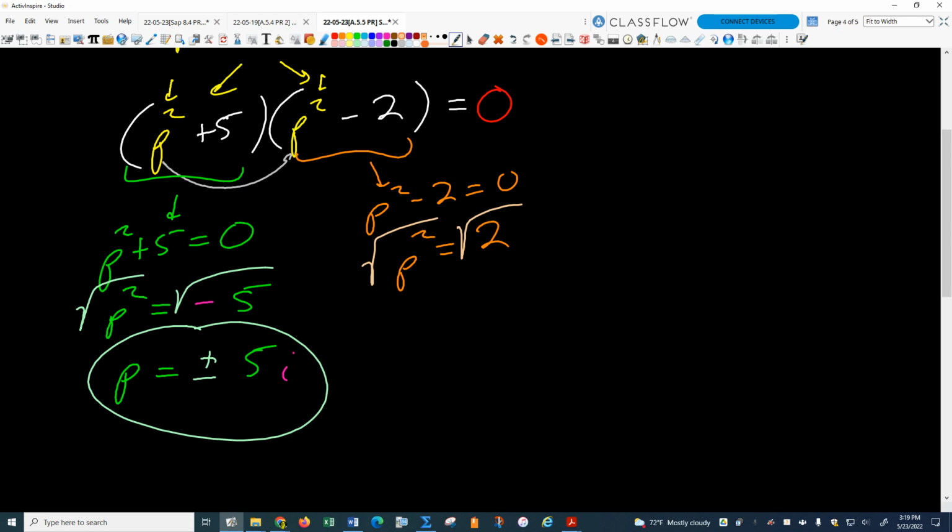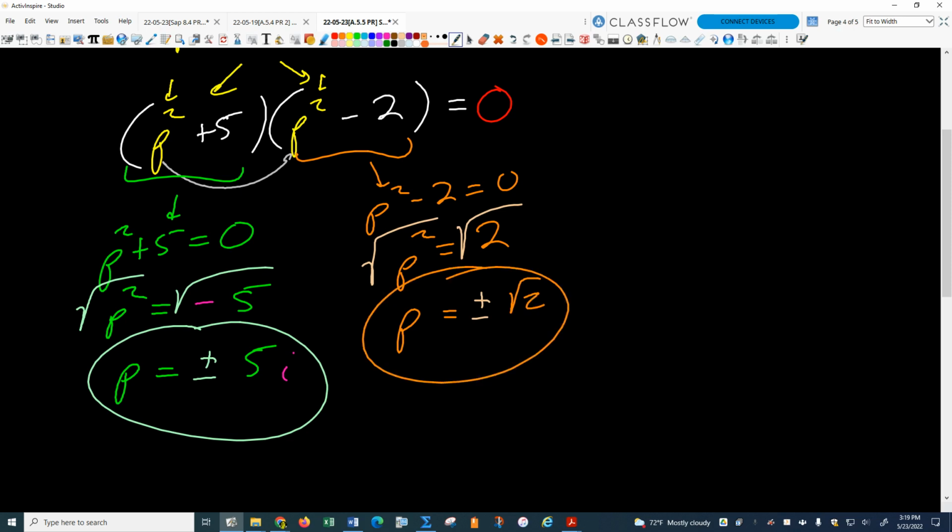Plus or minus, right? And square root of 2, can that be simplified? No. So I'm just stuck with plus or minus square root of 2, and there's all 4 of my solutions.